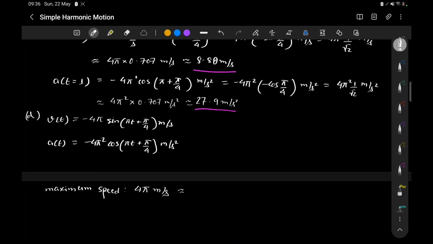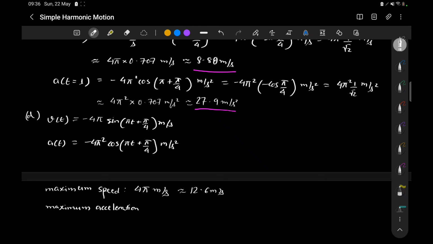And this is roughly 12.6 meters per second. And maximum acceleration, similarly, would be when cosine takes the value plus or minus 1.